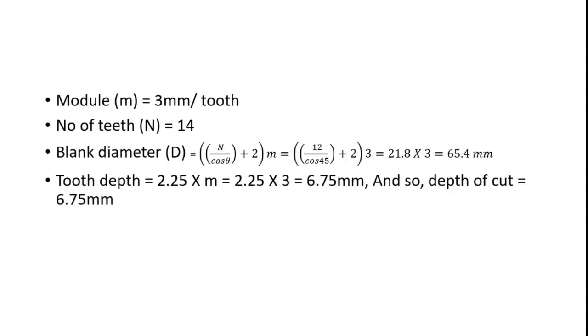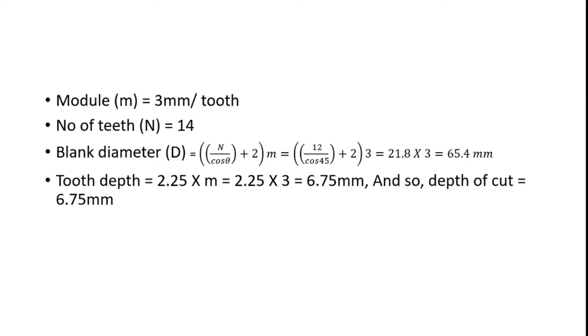After that there is a specific calculation for the gear hobbing machine. For this explanation I consider the module of the gear tooth as 3 mm per tooth. The number of teeth required to be cut is 14. I can calculate the blank diameter with the aid of the helix angle required on the gear wheel, which is 45 degrees, so I utilize the formula n divided by cos theta plus 2 into m.